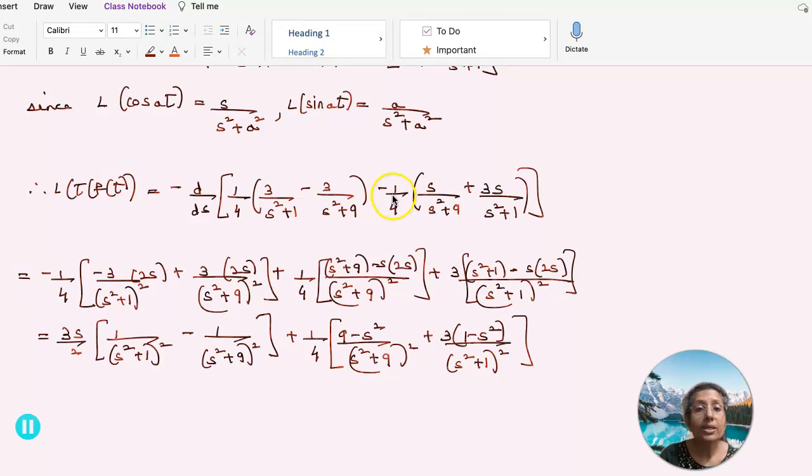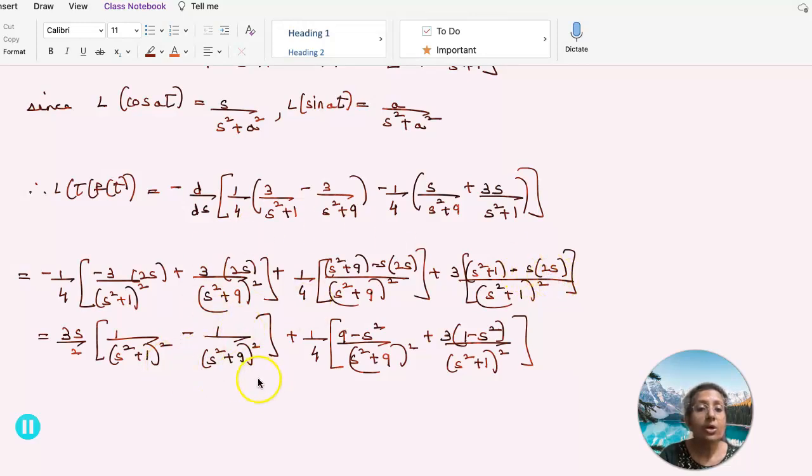The minus and minus will give you plus here, and opening the bracket and applying the quotient rule, you get s squared plus 9 the whole squared. Then s squared plus 9, the derivative of s is 1, minus s into the derivative of s squared plus 9, which is 2s. Do the same thing here. So s squared plus 1 the whole squared is the denominator. We have a 3 outside, 3 into s squared plus 1, the derivative of s is 1, minus s into 2s.